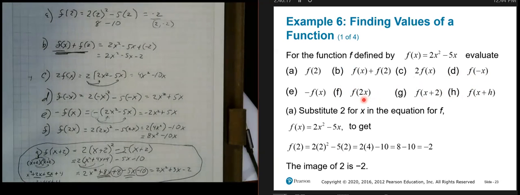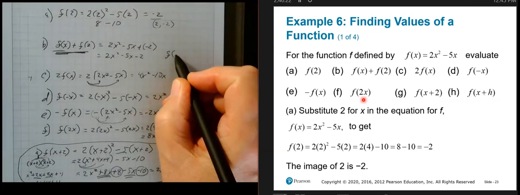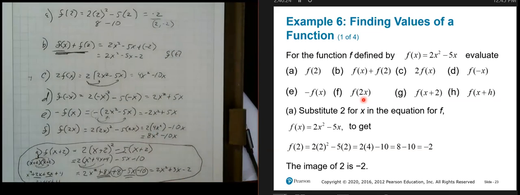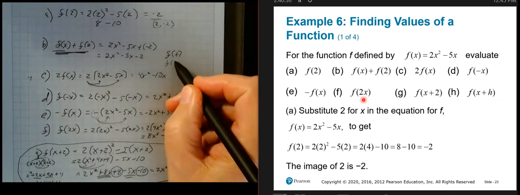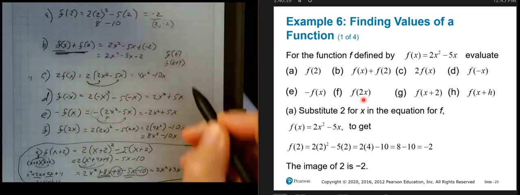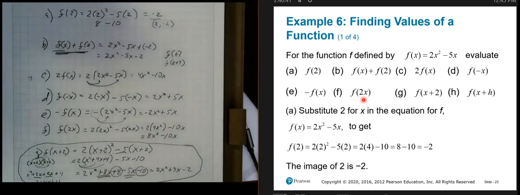When you start putting other variables in there, sometimes they may ask, what is f of t? Well, I'm just replacing x with t is all I'm doing. So I'm rewriting the function as a function of t instead of as a function of x. Or I could do f of t plus 9. So I'm rewriting the function, but now it's a function of t plus 9. And once you simplify it, it becomes a function of t.